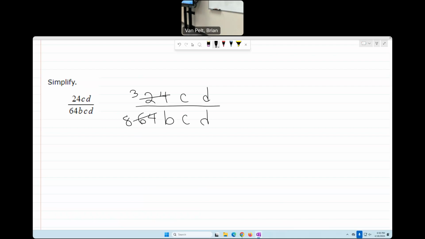Then you can cancel out the C and the D. That's pretty simple, right? So all that's left on the top is 3, and in the denominator, it looks like 8b. Any questions about that? Nope, okay.